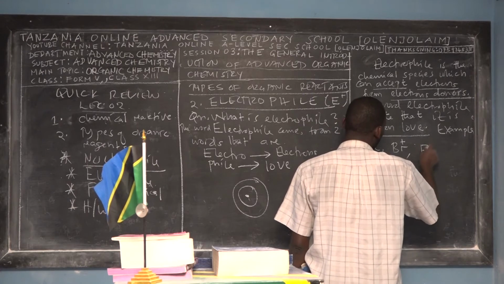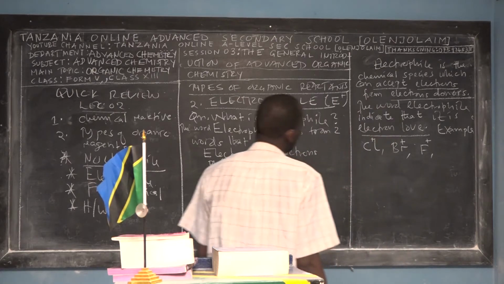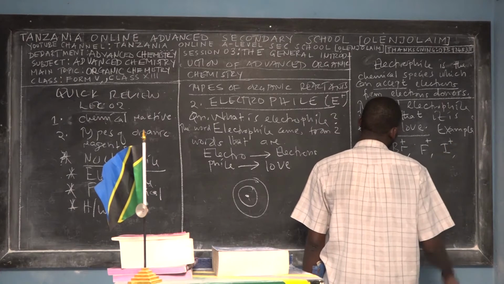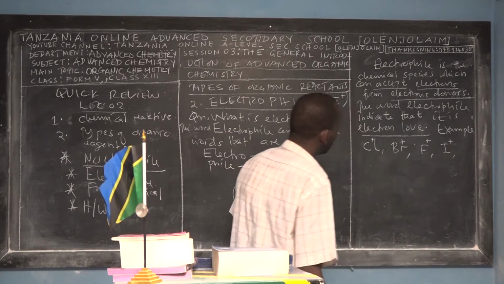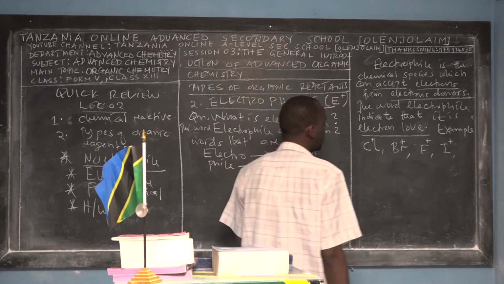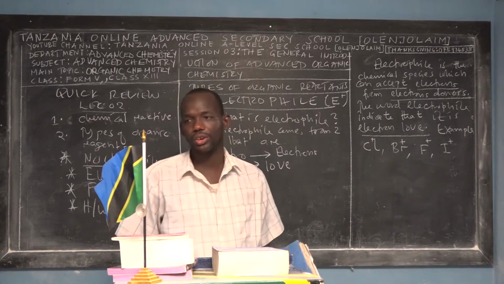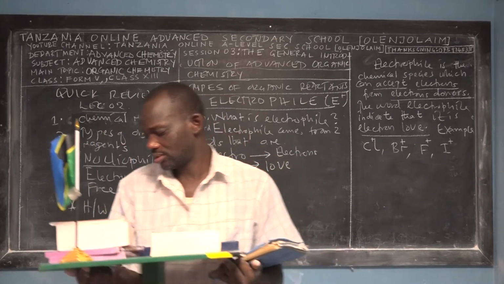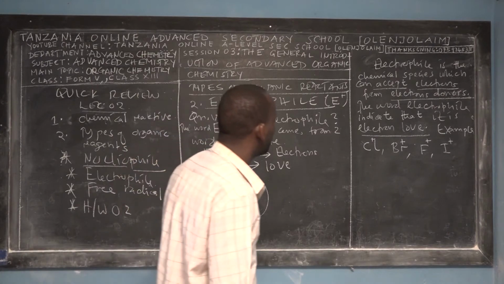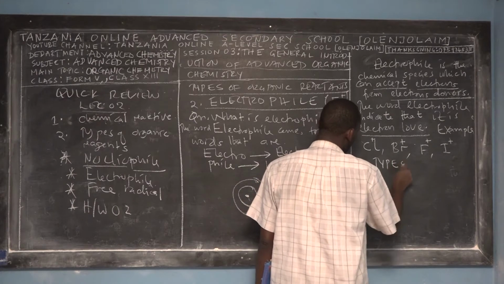Then we have fluorine, also positive, and iodine, also positive. Those are the simple examples. Remember, I told you that nucleophiles are the ones taking control of most organic reactions because they are always formed. Now let me teach you about the types of electrophiles.